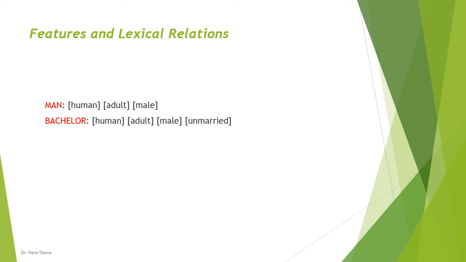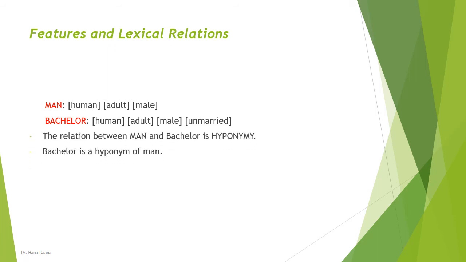Since the features of the term bachelor include all the features of man, we say that bachelor is a hyponym of man, and the relation between man and bachelor is hyponymy. Of course, in addition to these three shared features, bachelor has a fourth feature that makes it differ from man, which is unmarried.